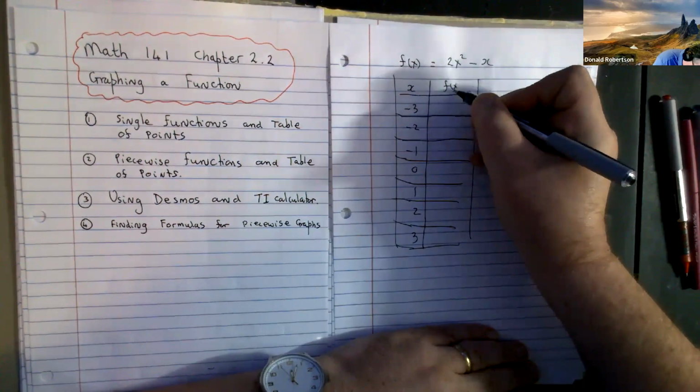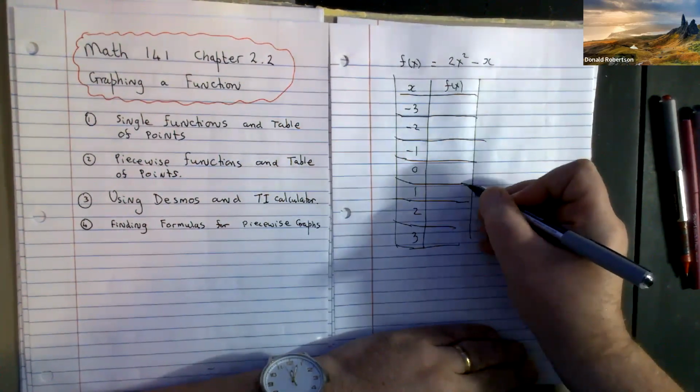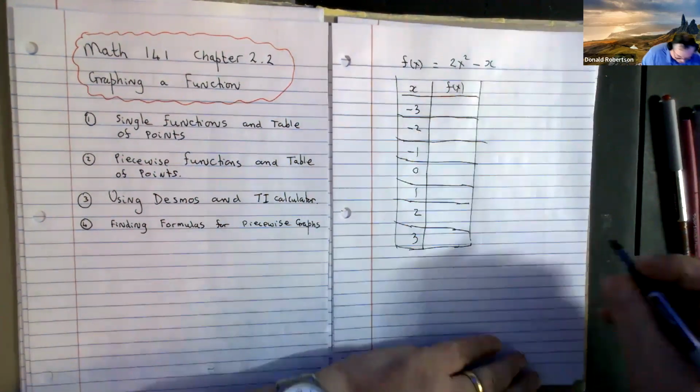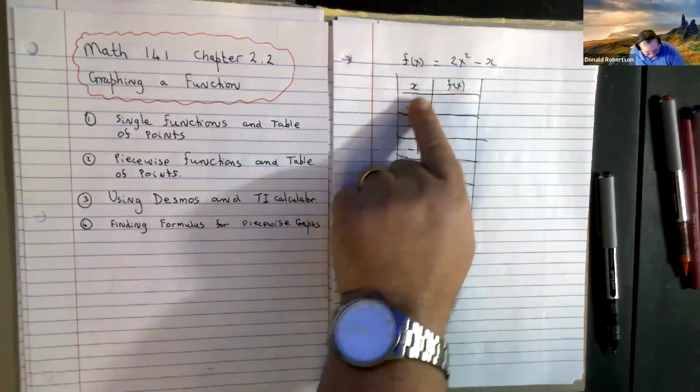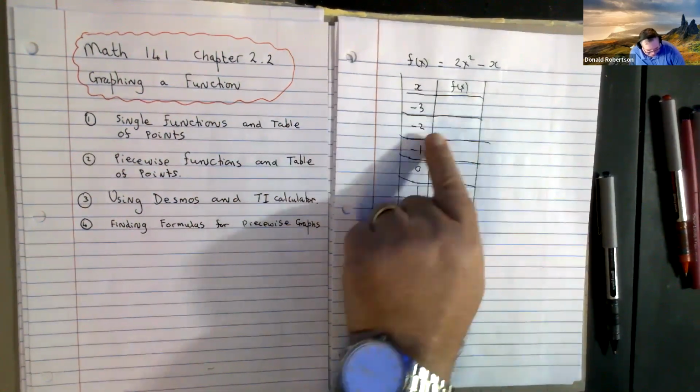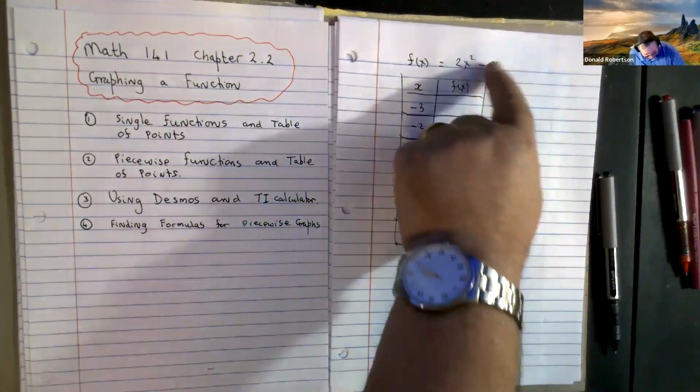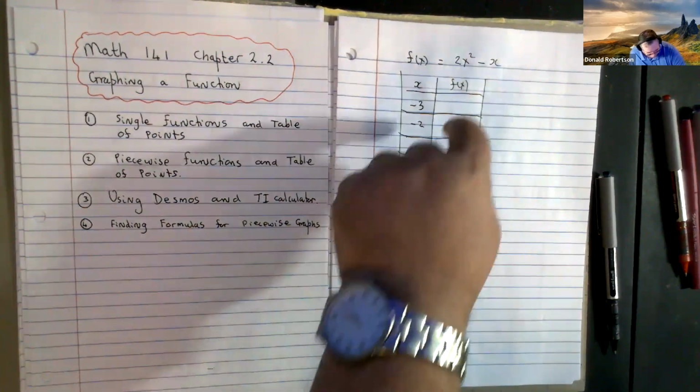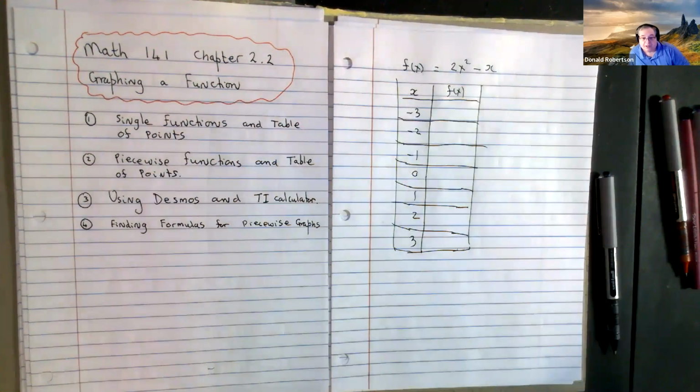And here's going to be f of x. Well, it's quite time consuming, but essentially you just plug -3 in here and get the answer, then -2, -1, 0, 1, 2, and 3. You could certainly do that as seven individual calculations.